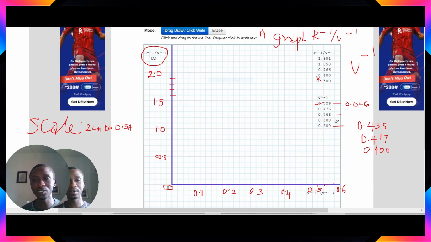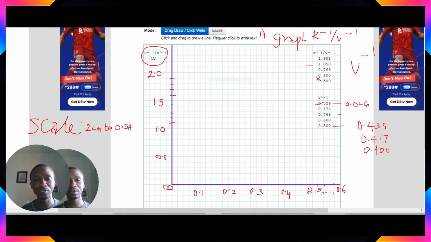Then the next one, we have R to be 1.05. And 1.05, this is 1. We cannot actually have 1.0, we can only have 1.1. So 1.05 can be represented as 1.1. And this is 1.1, 1.2, 1.3.